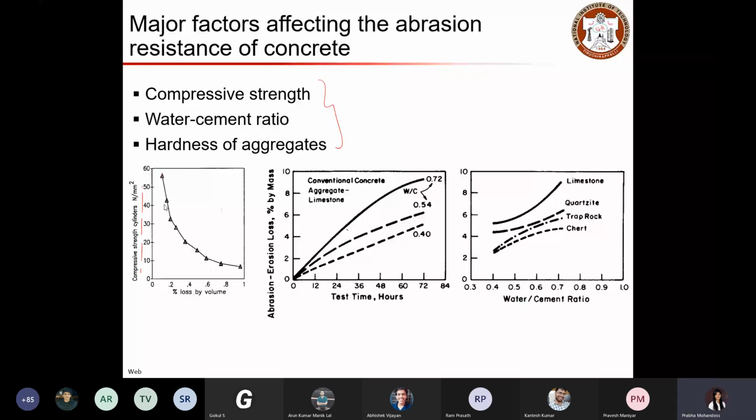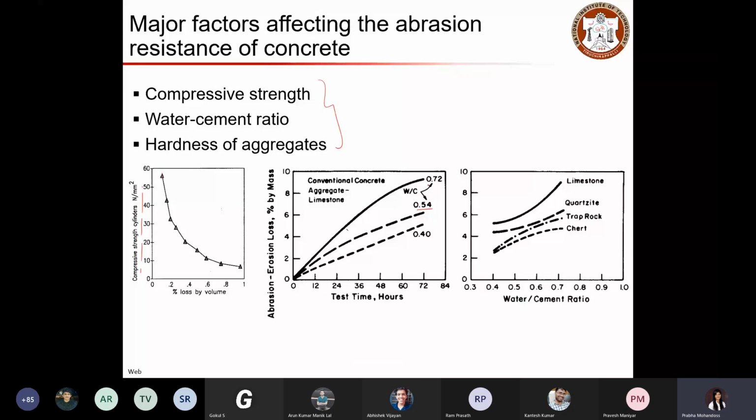In another case here you can see the abrasion erosion loss by type of aggregate that you use, and then the water cement ratio. As the water cement ratio increases, you will see more loss due to abrasion.